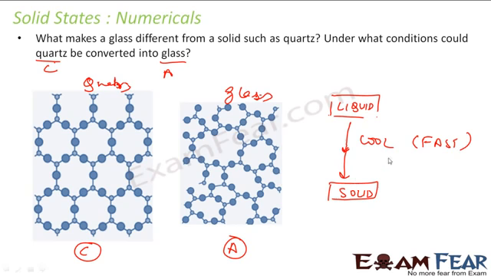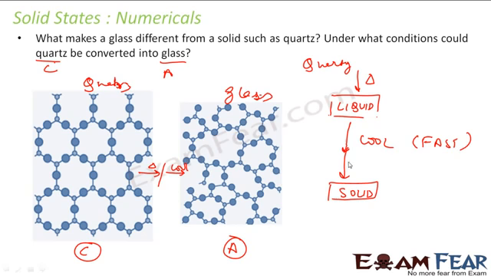So what you can do is first heat the quartz. You take the quartz, this totally arranged structure, and heat it first; it becomes haphazard, and then you cool it fast, immediately. You take the quartz, heat it, and you get the liquid phase.